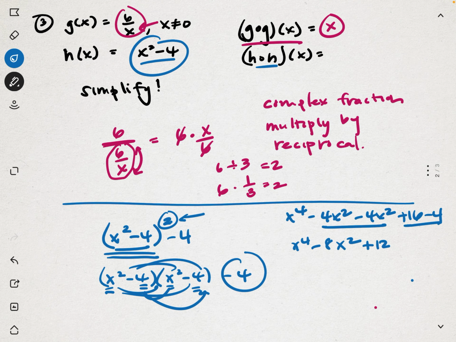So this would be our answer here. Remember that the squared means times itself, so we multiply x squared minus 4 times itself. We don't forget that negative 4 at the end. You just multiply each part to each part in the next parentheses and simplify.